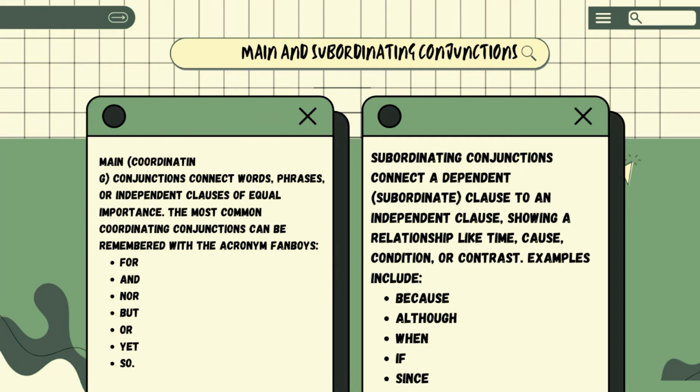Second, we have although. Third, we have when. Fourth, we have if. Fifth, we have since. In these examples, the subordinating conjunctions introduce a dependent clause that relies on the main clause for its complete meaning.